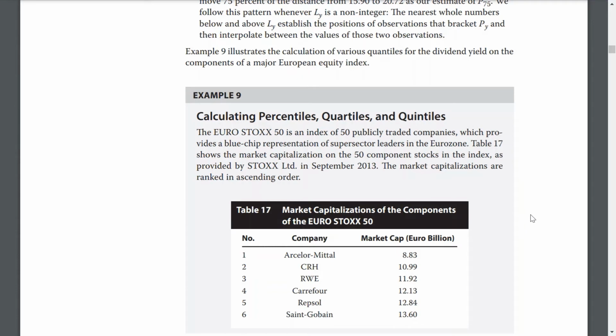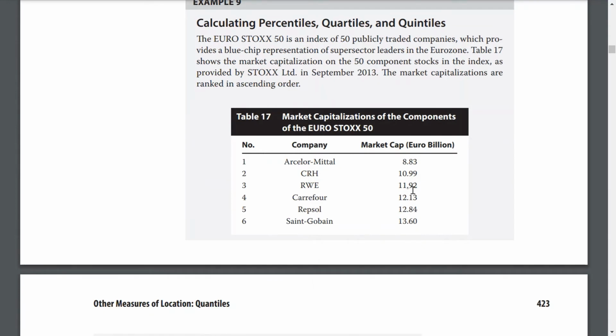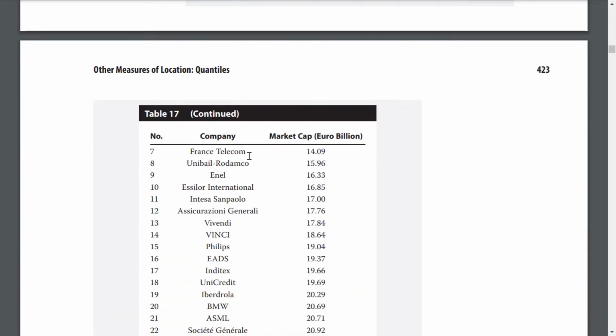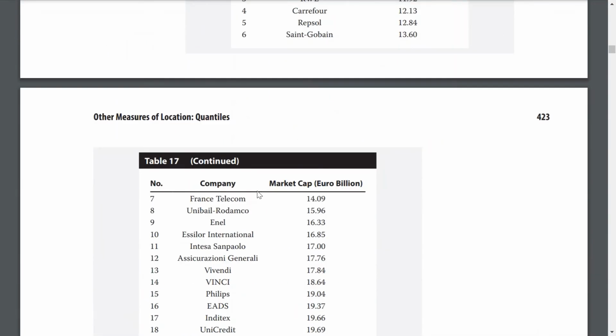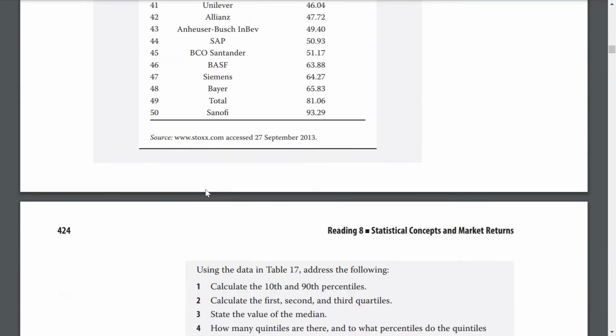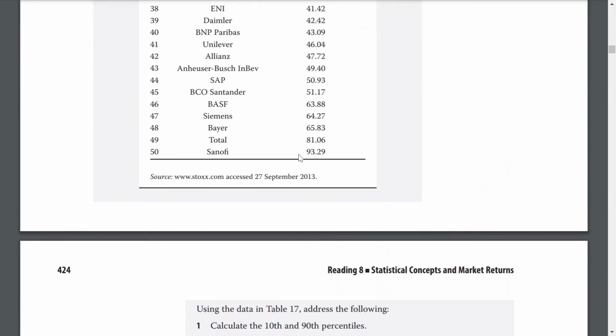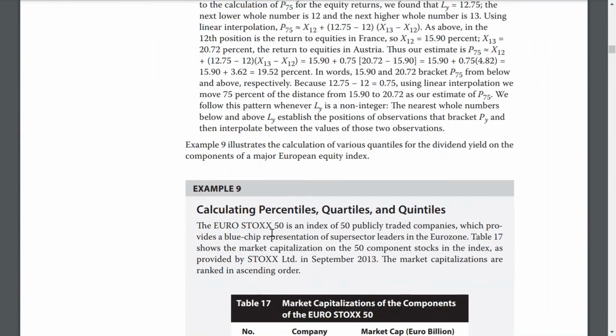Table 17 shows the market capitalization of the component stocks in the index as provided by STOXX Limited in September 2013. The market capitalizations are ranked in ascending order, in billions of euros. Here's the company and its ranking from smallest to largest, 1, 2, 3, all the way down to 50. These are the 50 top traded companies in the Euro STOXX 50.